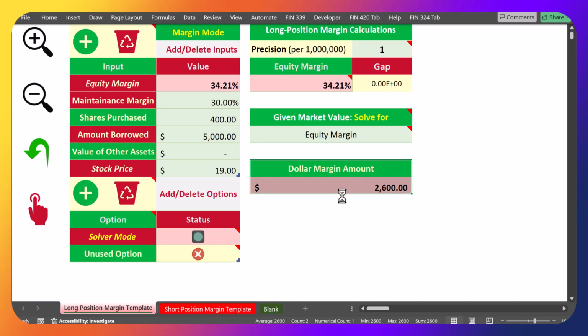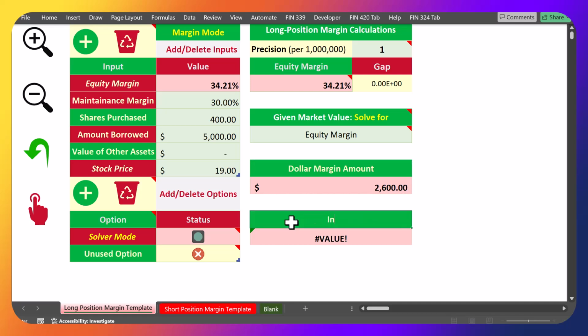Let me put in the interest amount here. The original amount borrowed times 1 plus the interest rate. For now, I'm going to put in 5%. I just use this to calculate it.